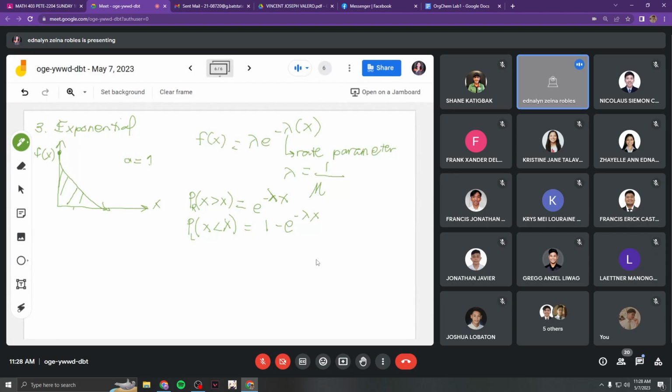On the exponential, the curve is declining, and we will be using lambda. Lambda is the rate parameter, and it is equal to 1 over mean. So those are the three families that we will be encountering when we are solving problems dealing with continuous probability.